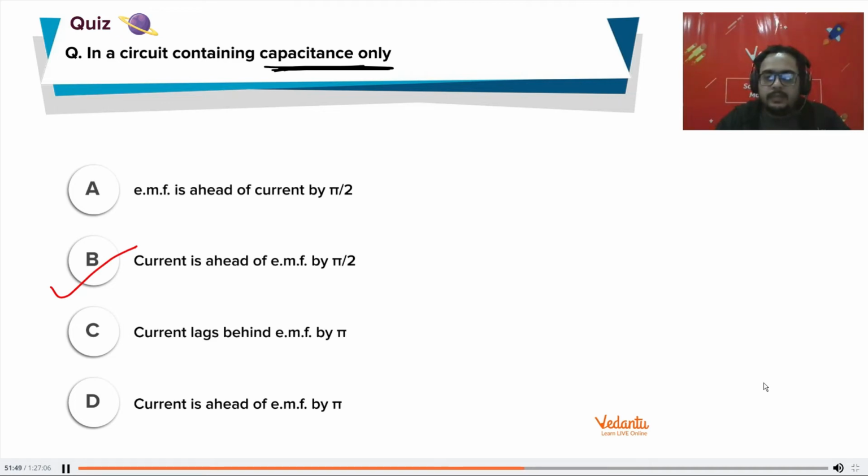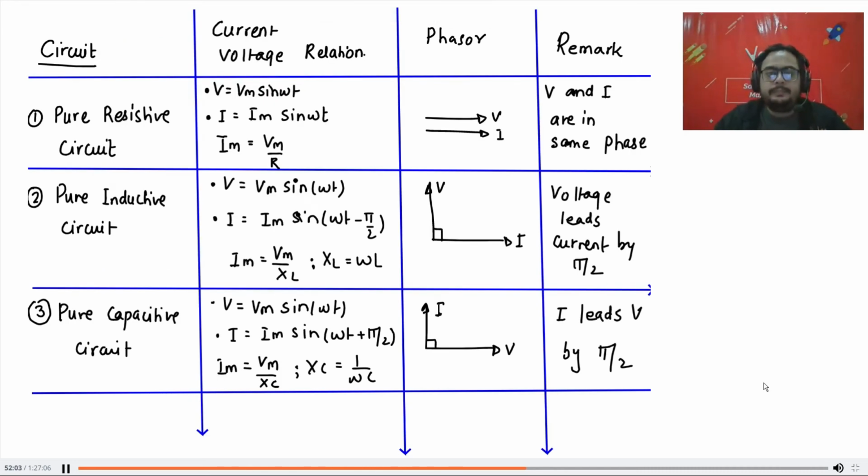Okay, so you can see that table again. Manvendra, you can watch it in the replay.